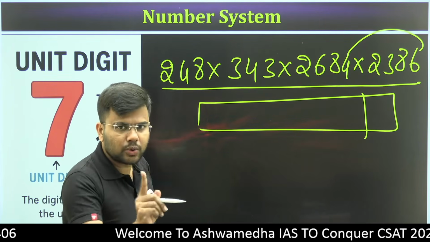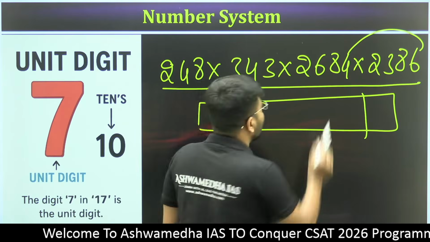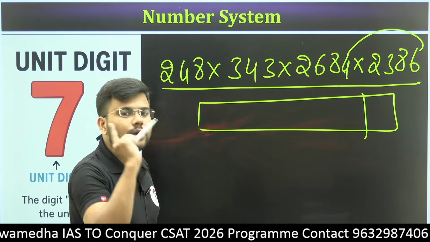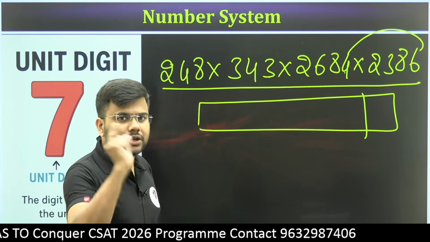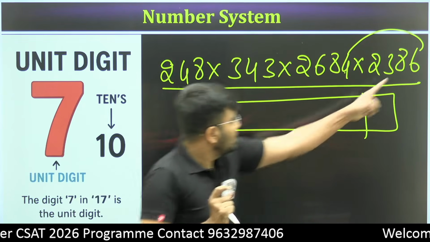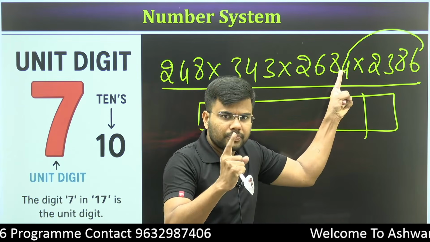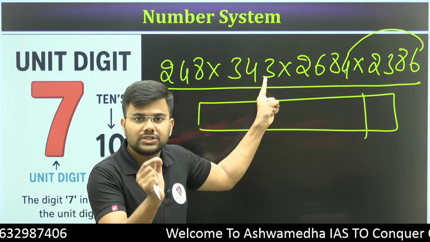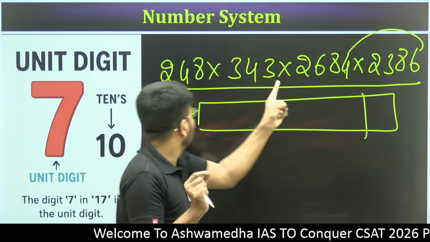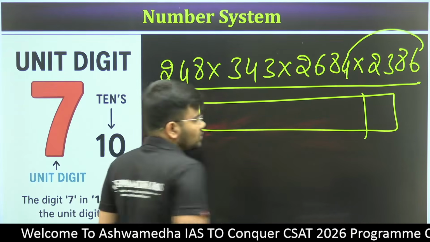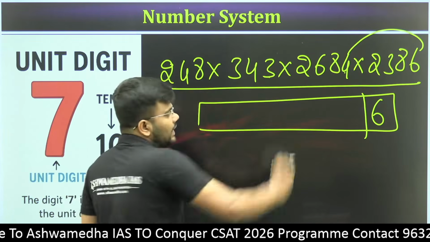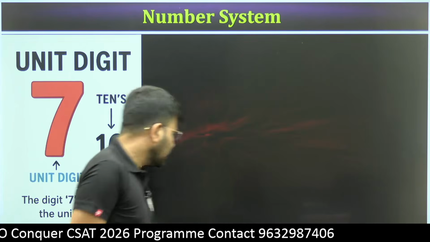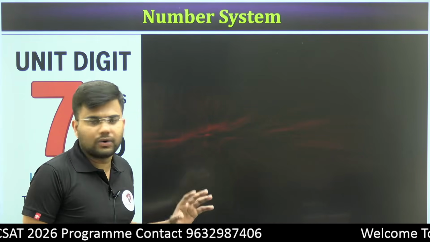Now take that 4. 4 threes are 12. Again in 12, what is the unit digit? 2. Where did this 12 come from? 6 fours are 24, the unit digit is 4. 4 threes are 12, the unit digit is 2. Again now 2 eights are 16. So here 6. The unit digit of this entire product would be 6. I hope it's clear. There is no doubt in these kinds of questions.